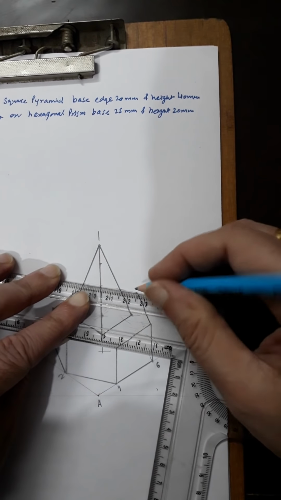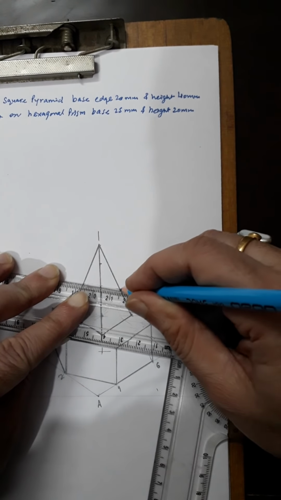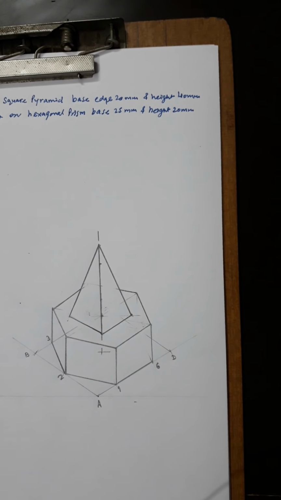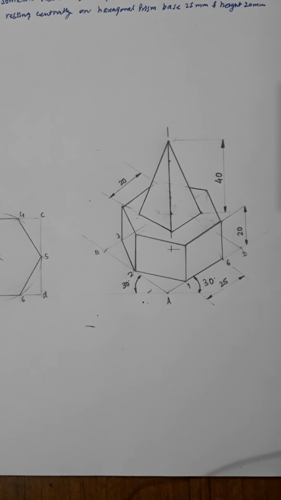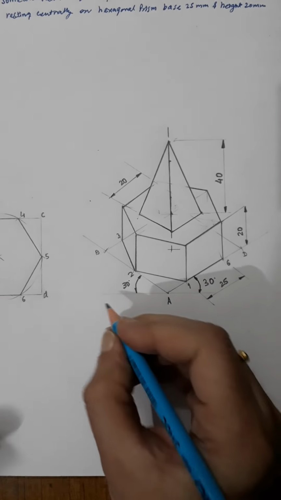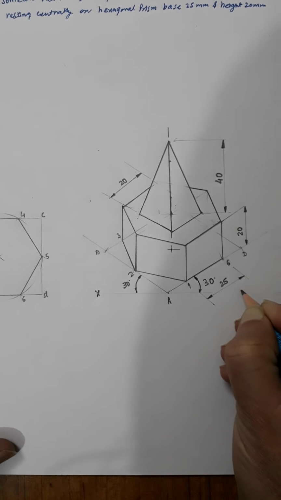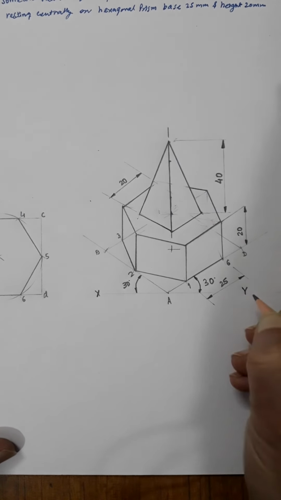Now I will be doing the dimensioning. So I have done the dimensioning as well. You can write the reference line XY here. So I think this is complete.